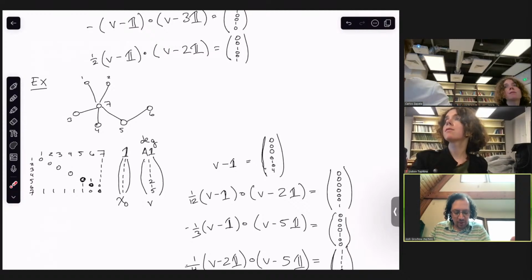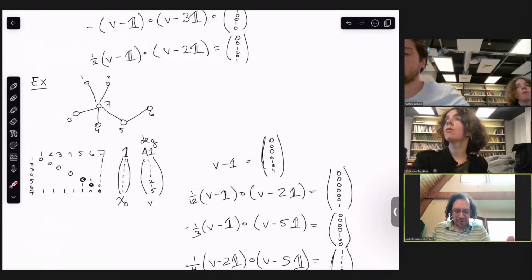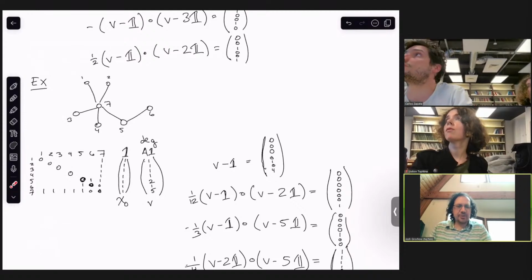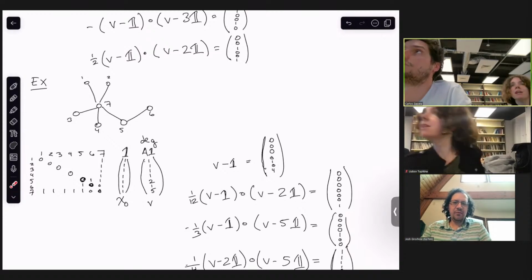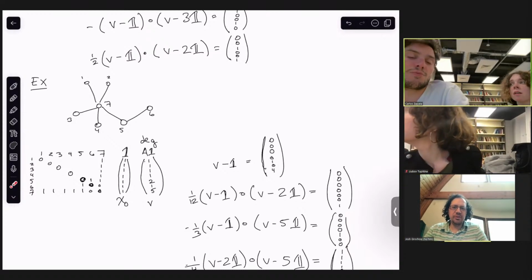Yeah. One thing maybe I should mention is it's known that k-dimensional Weisfeiler-Leman, for any fixed value of k, does not solve graph isomorphism. Meaning for any value of k you choose.